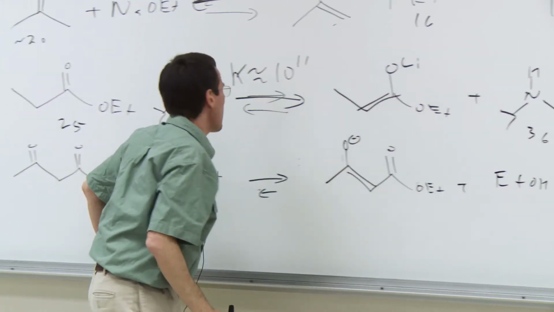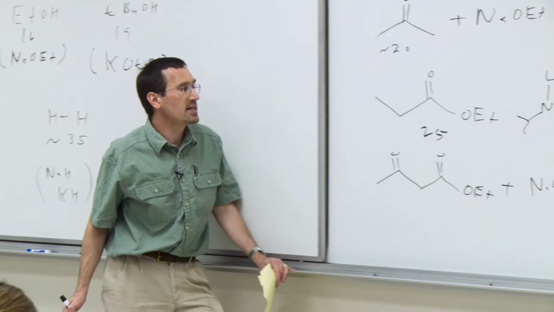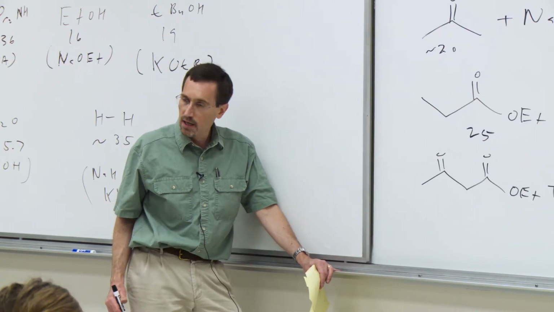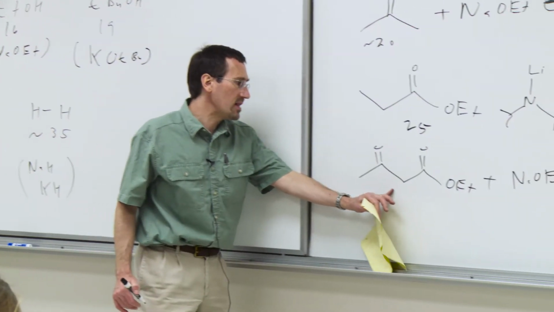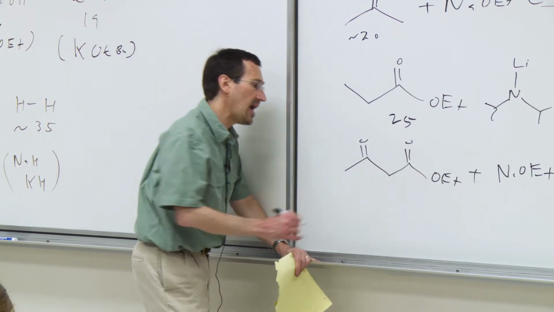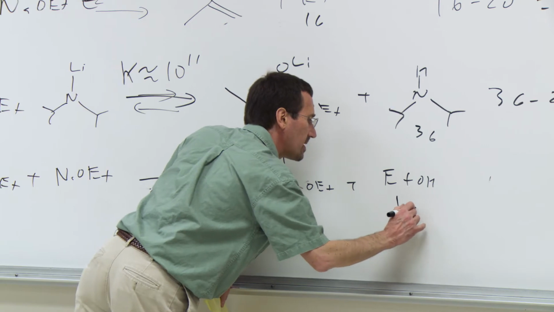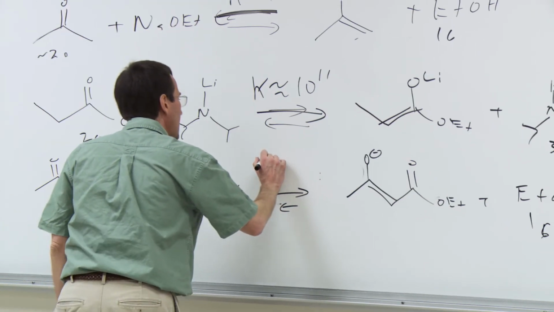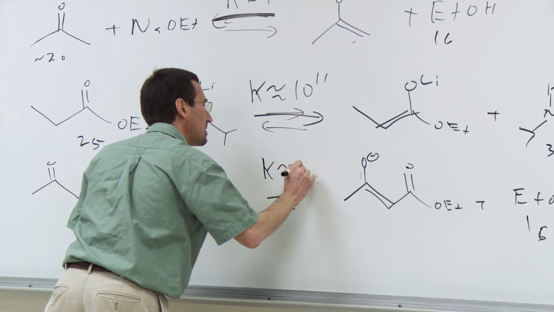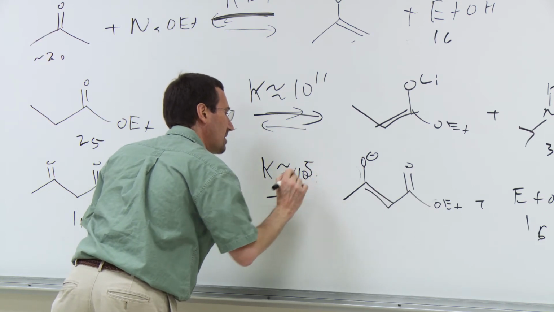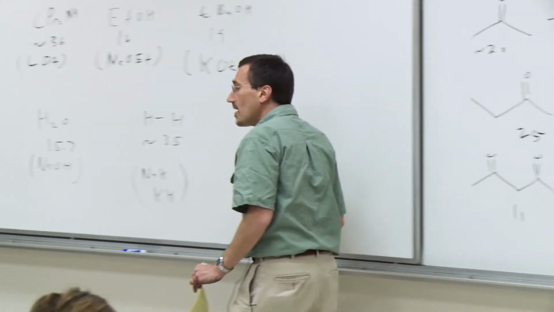In other words, here my equilibrium is going to lie substantially to the right. We have an acid with a pKa of about 11 and a conjugate base with a pKa of about 16. My equilibrium constant is going to be about 10 to the positive 5.